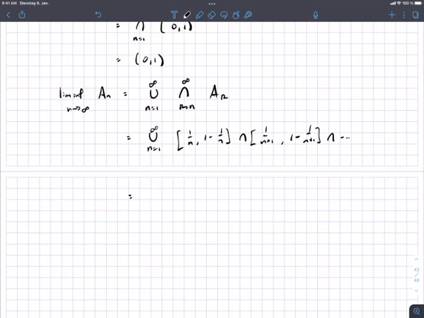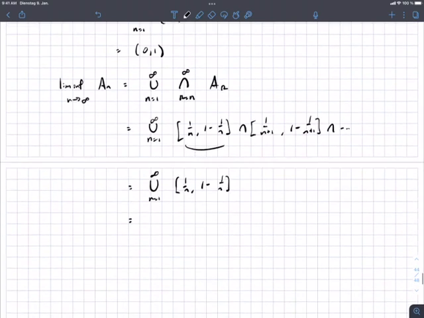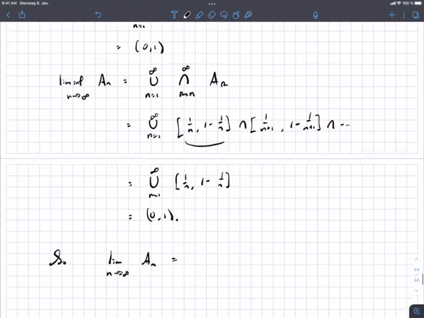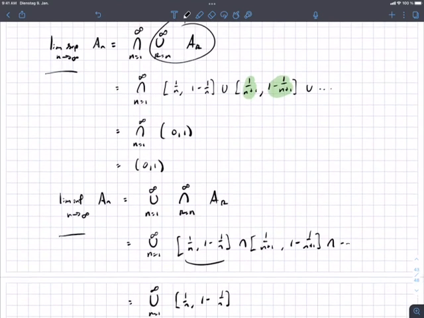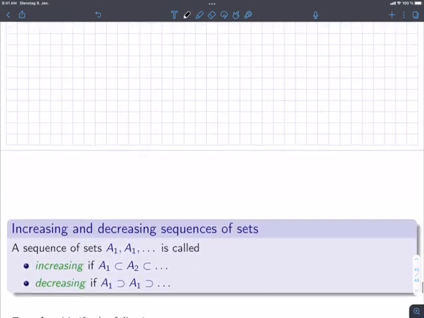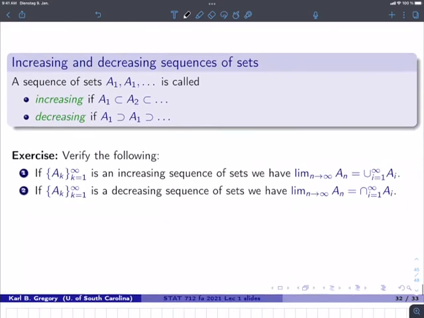So the intersection is just going to give me the first one back, (1/n, 1 minus 1/n). And if I union those, just like I did before, I'm going to get (0, 1). So the limit of the sequence A_n as n goes to infinity, since the lim sup and lim inf both exist and are equal to the interval 0 to 1, I get the same thing. That's what the limit is defined to be. Okay.